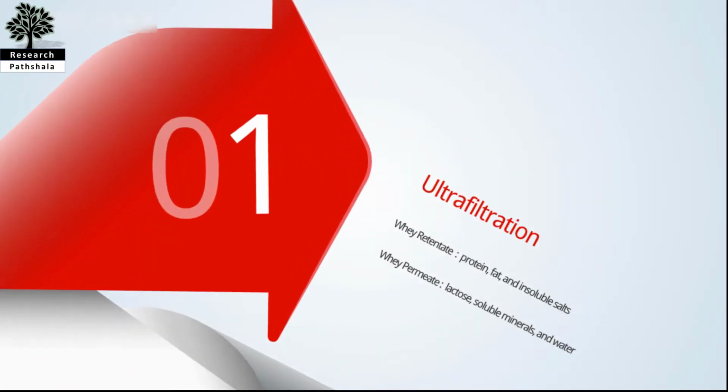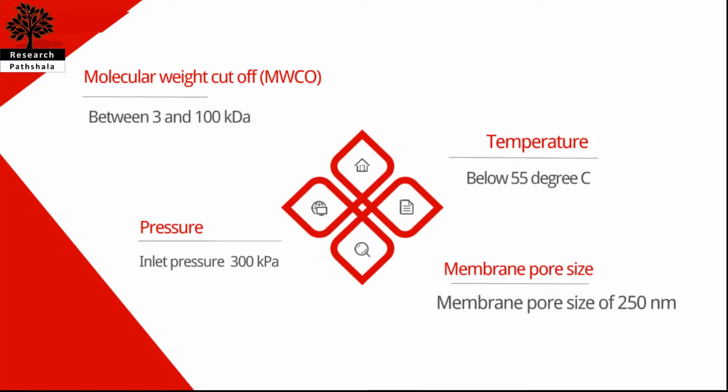First is ultrafiltration. The dividing line between permeate and retentate, known as the molecular weight cutoff, is between 3 and 100 kilodalton for an ultrafiltration membrane, whereas a molecular weight cutoff of 10 kilodalton is usually employed for the whey.